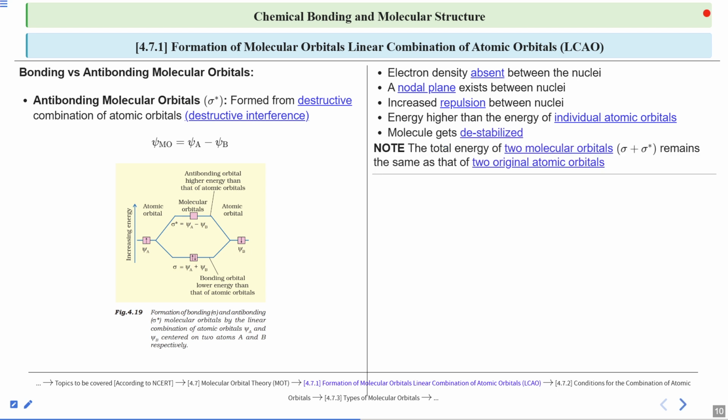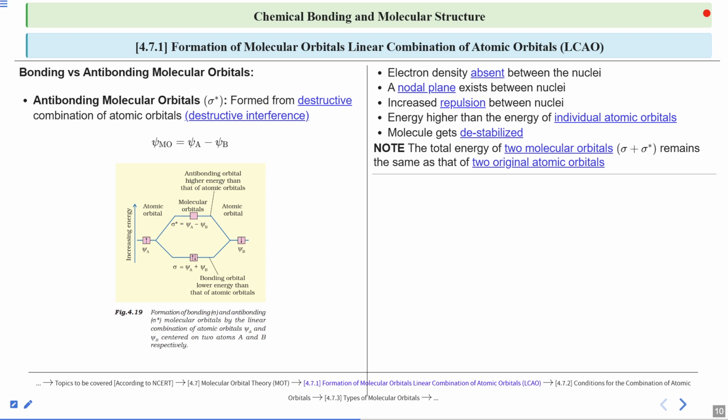Okay. Now, a very, very important point here, which is an important difference between hybridization and molecular orbital theory, is the law of conservation of energy. How can we understand it? Look here. If you look at psi A, it has a higher energy than the sigma and a lower energy than the sigma star. So what you can say?